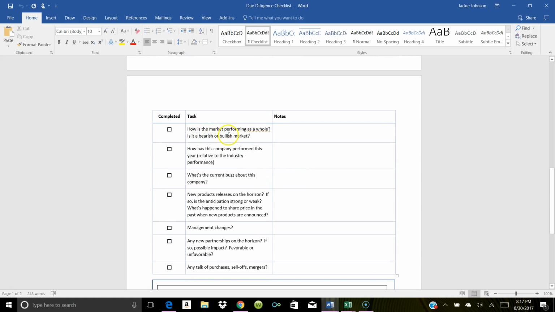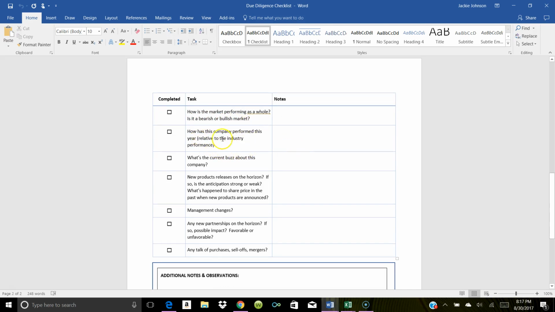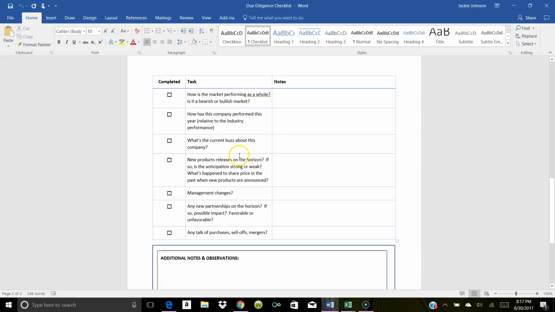Next, how's the market performing as a whole? Is it bearish going down, or is it bullish going up? How has the company performed this year relative to the industry performance? Again, you find that stuff out through earnings reports. What's the buzz about the company?